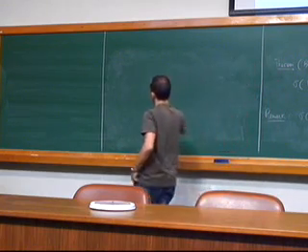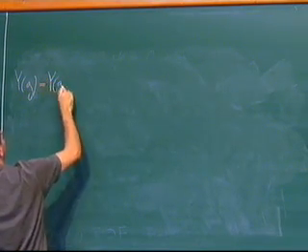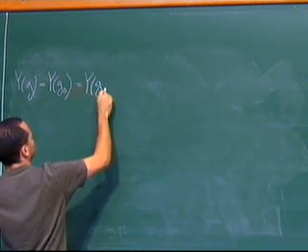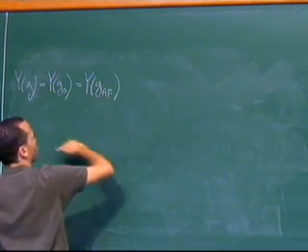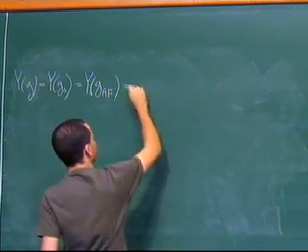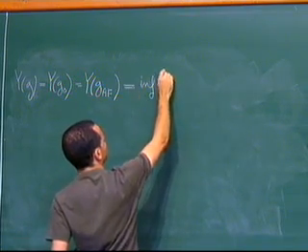Anyway, the invariant of G is going to be equal to the invariant of G naught, and this is equal to the invariant of G_AF, and this is going to be equal to the following thing. The Yamabe constant is an infimum, right, of the energy.